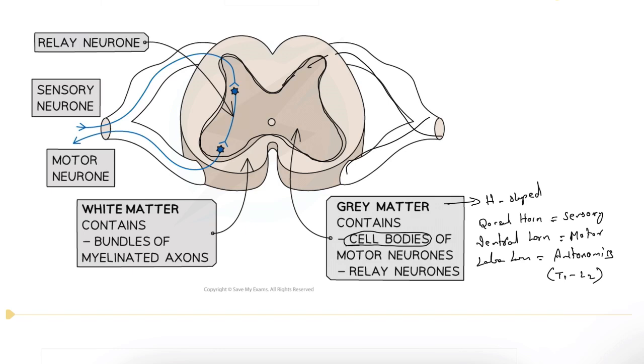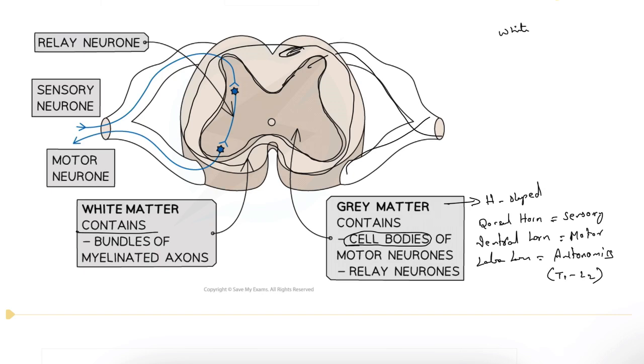Okay, next, white matter. This total white colored part we call white matter. White matter mostly contains bundles of myelinated axons, because myelinated axons can conduct impulses very fast by saltatory conduction.